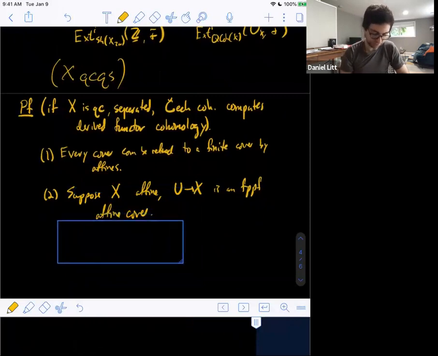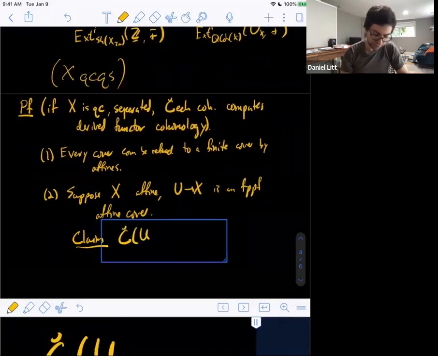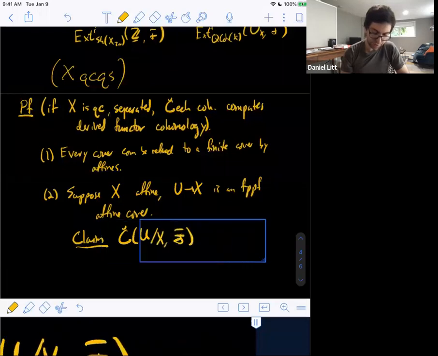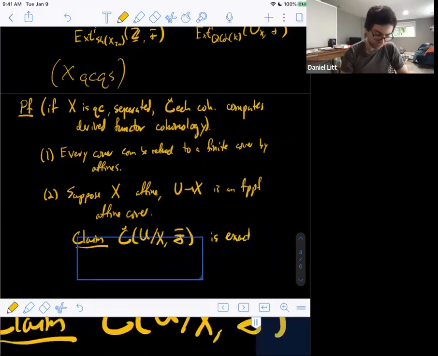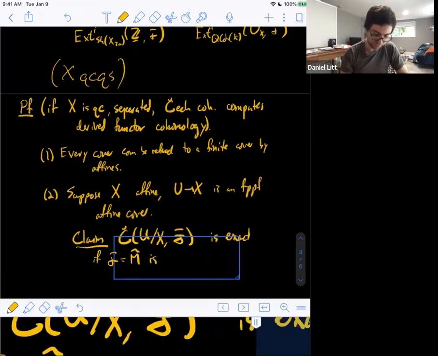So then the claim is that the Čech complex for U over X with the coefficient in any quasi-coherent F is actually exact. So let's suppose we're on an affine, so we can assume F is the quasi-coherent sheaf associated to some module M.